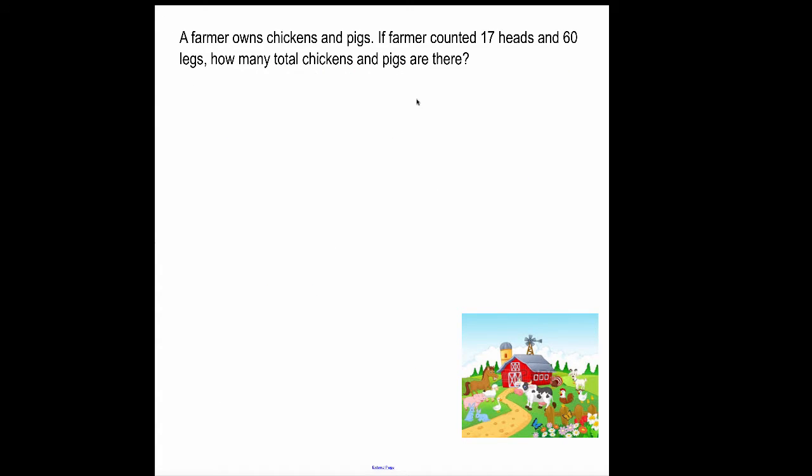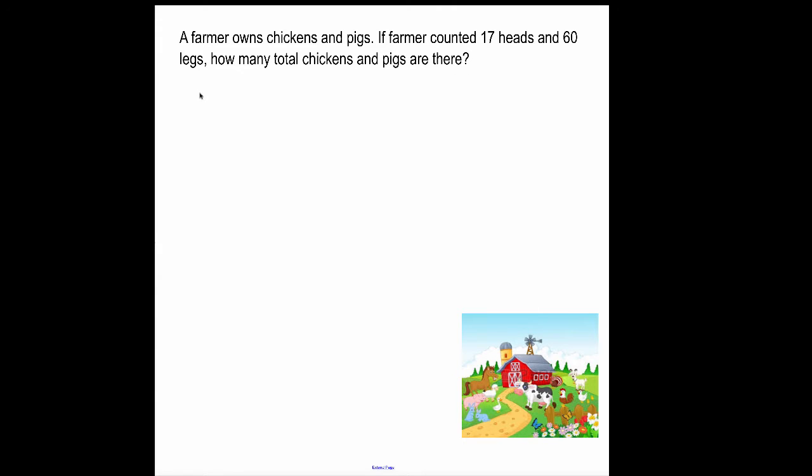Okay, let's take another look at another type of problem. Here we have a farmer who owns chickens and pigs. If a farmer counted 17 heads and 60 legs, how many total chickens and pigs are there? So again, I want to define my variables first, and I'm going to look at the last sentence. Right after the comma, it asks me, how many total chickens and pigs are there?